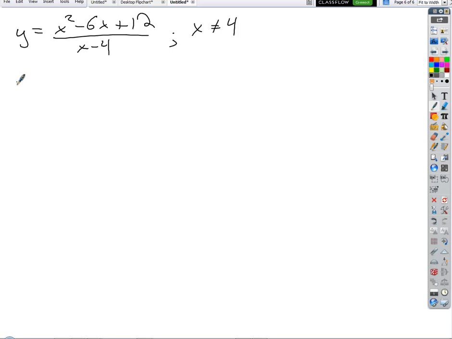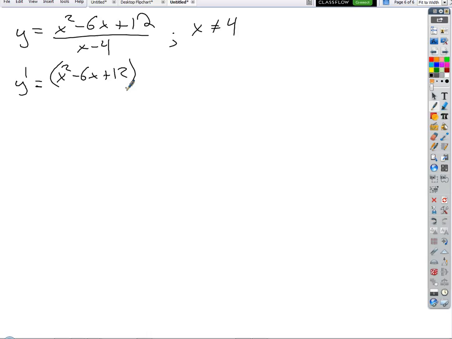So what's y prime going to be? It'll be x squared minus 6x plus 12 times 1. Okay, by quotient rule, right, times the derivative of the bottom, which is 1.